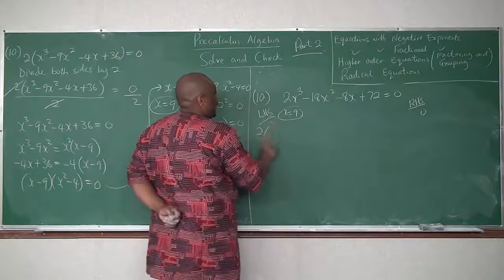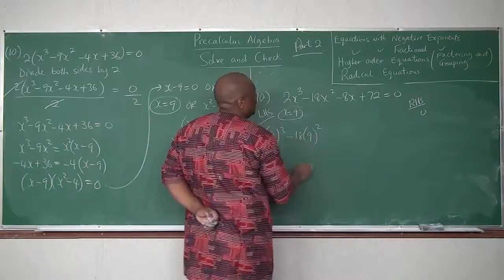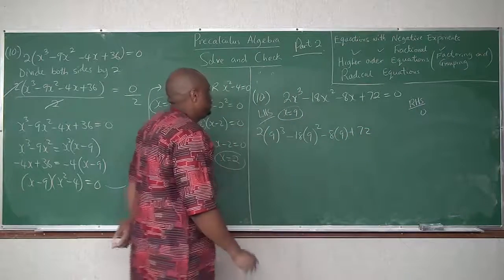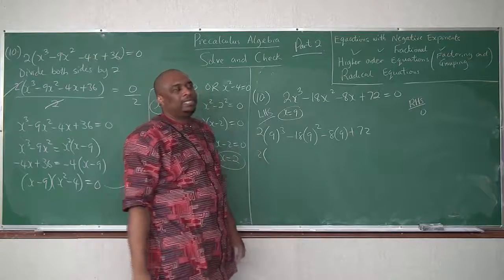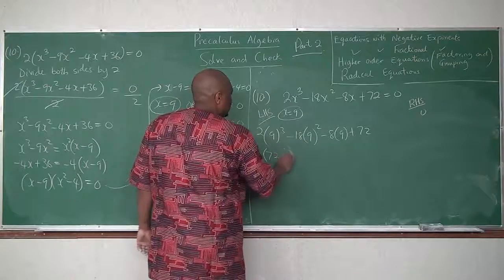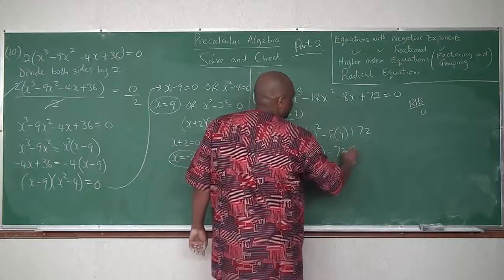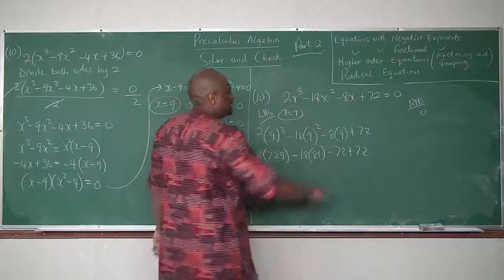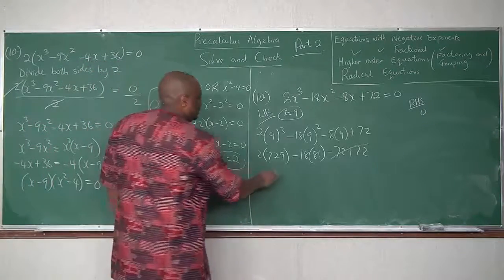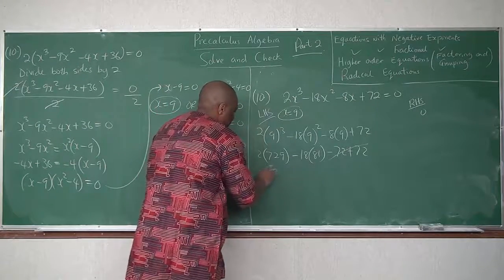So this will be 2 times 9 cubed minus 18 times 9 squared minus 8 times 9 plus 72. So this is 2 times 9 times 9, 81 times 9, 729. 729 minus 18 times 81 minus 72 plus 72. This one is gone already anyway. 2 times 729 is 1458.